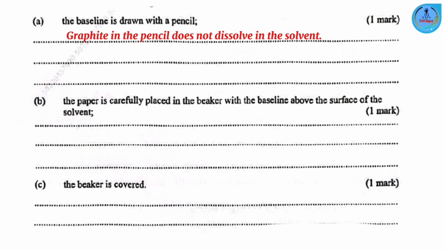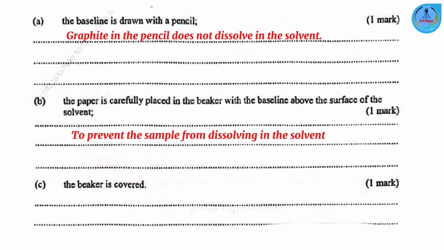So instead of it spreading upwards, it's just going to dissolve in the solvent and spread downwards into the solvent. We don't want that. We want it to move upwards. And that is the reason why when the paper is placed, you ensure that it's above the solvent.